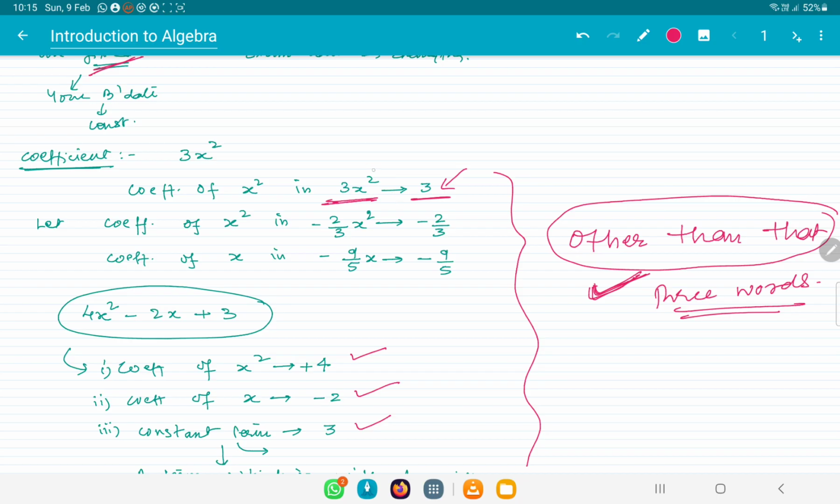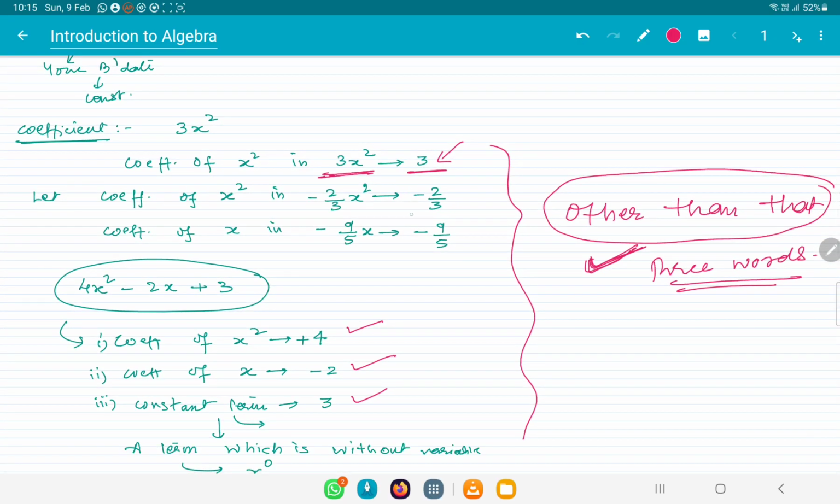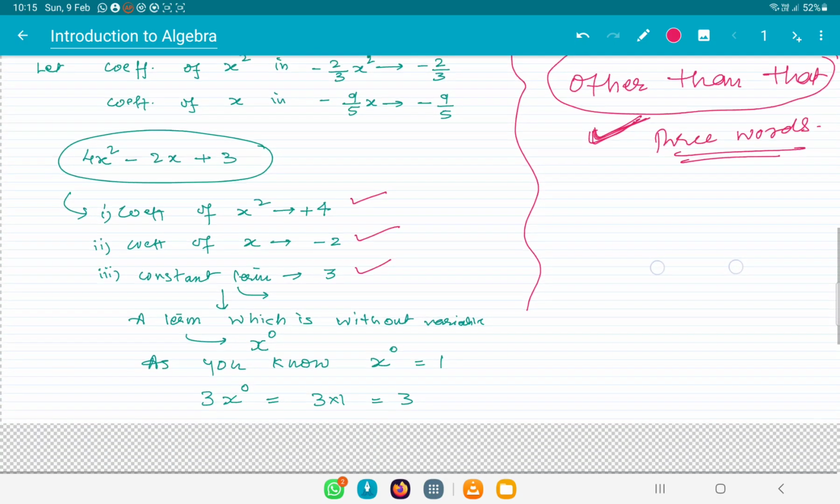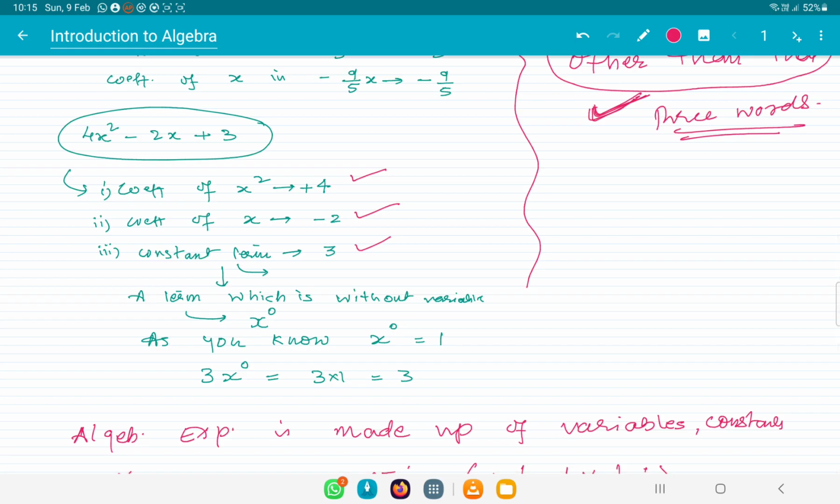Apart from x square, what is it? 3, or precisely plus 3. So plus 3 is the coefficient. Similarly in minus 2 by 3 x square, apart from x square it is minus 2 by 3, so this will become the coefficient. Same in minus 9 by 5 x. Apart from x, here minus 9 by 5, so minus 9 by 5 will be the coefficient of x.